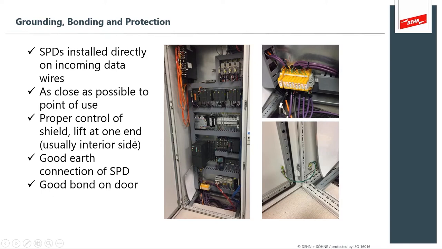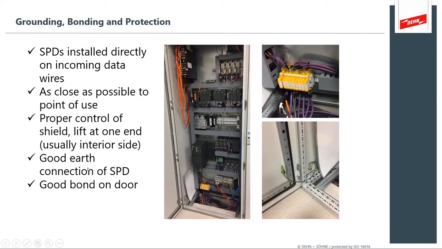And this is really a great introduction to that whole topic of shielding. Usually what's considered a best practice is the shield is lifted on the interior cabinet, where the instrument has the shield bonded to the shroud, and on the inside you lift your shield. The point is to avoid awkward ground loops that will otherwise interfere with your signals.